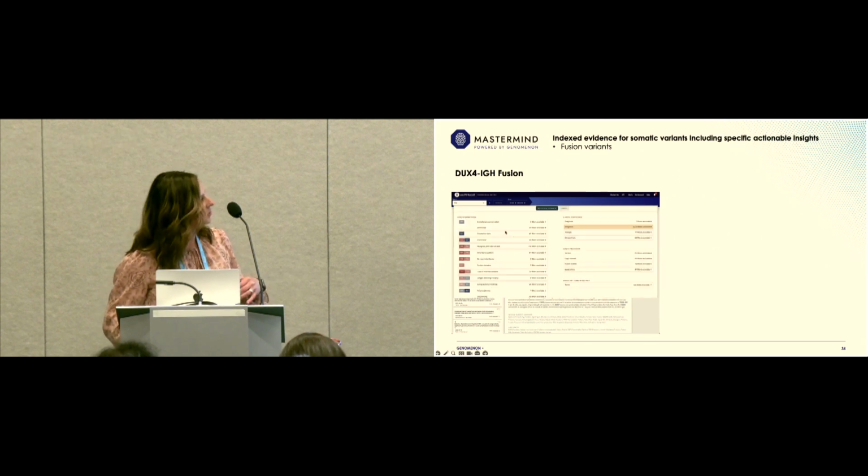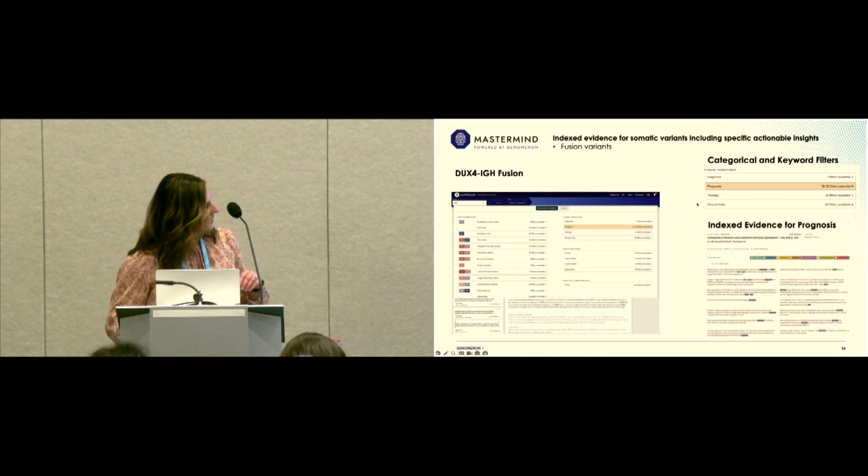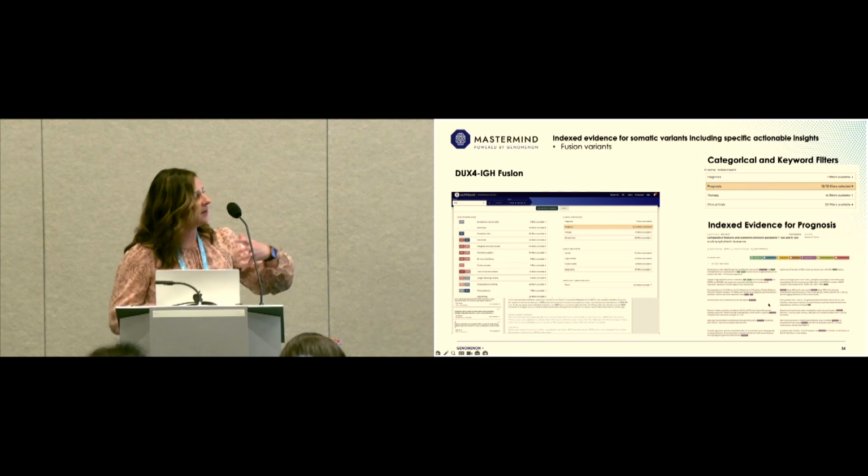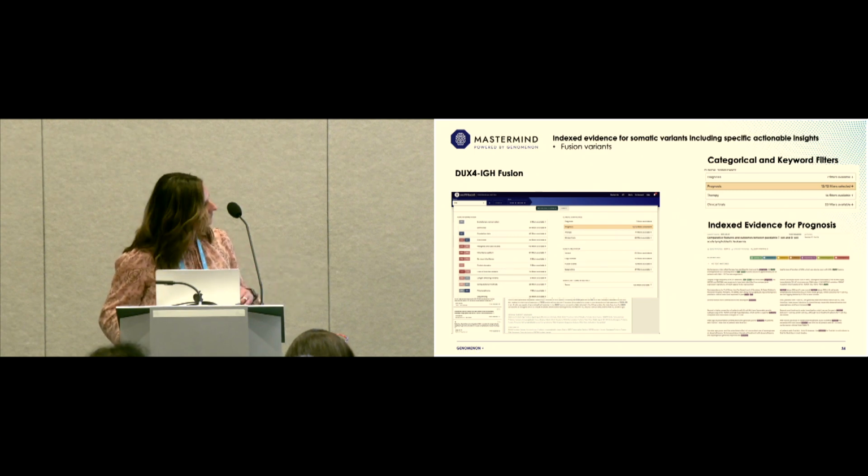We can actually filter down within Mastermind, so we can use these advanced filter search. In this case, we want to specifically highlight anything that's considered prognosis or related to prognosis. And then once filtering down to this, we can see the indexed evidence for prognosis. And again, you have this wealth of information that is right at your fingertips, and you're able to just quickly go to the paper if you needed more information.